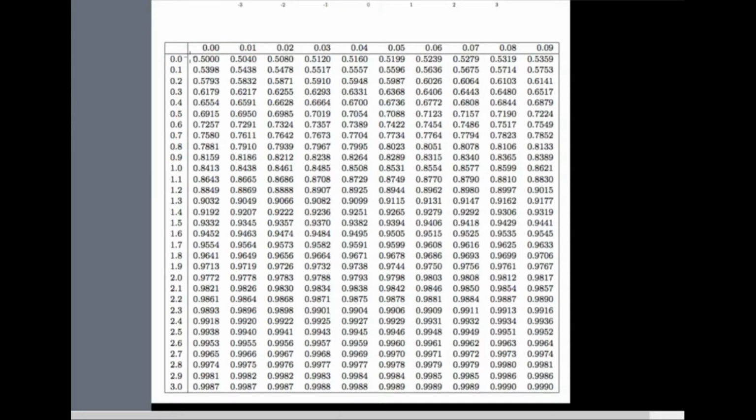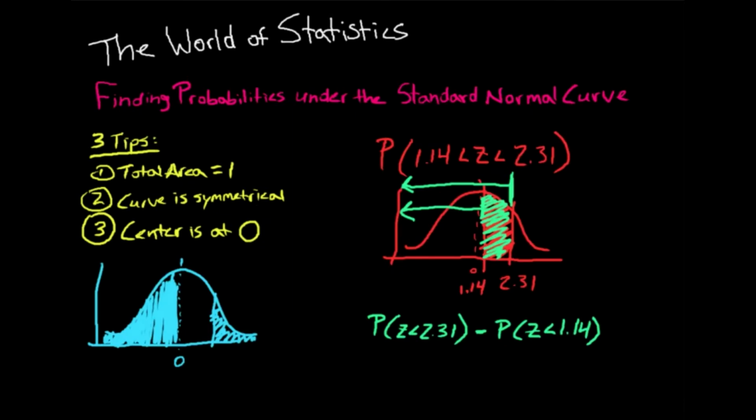For the second value, we have 1.14, so we're going to go down to 1.1, we're going to go over to the 0.04, and we find 0.8729. So now we just plug these into this little formula here and we'll find our answer.